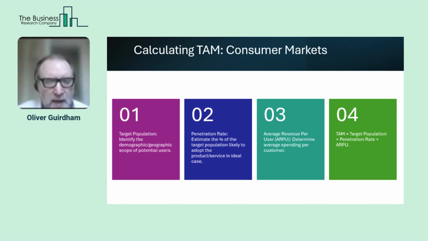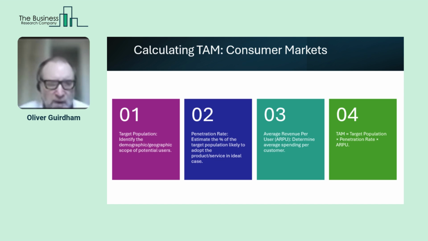So, calculating TAM for a consumer market, literally just starting with the population. But this might not be the total population for many markets. So let's say it's the market for alcohol or something, then you would exclude children.